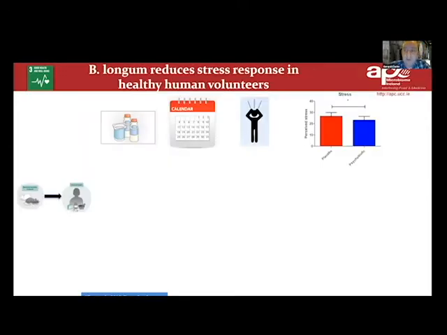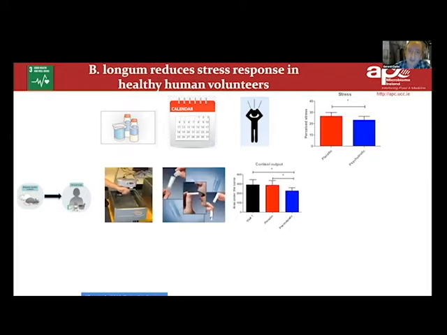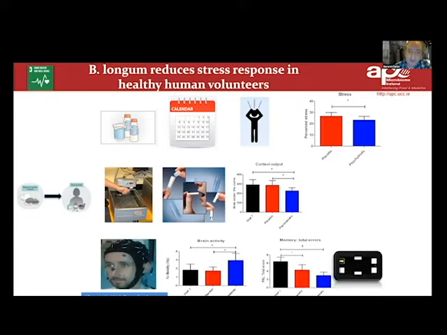So I just want to give you some examples where these translational attempts have been made, and this is one from our lab where we looked at this B. longum 1714 strain, which we screened preclinically, and it came up as a strain with potential benefits for stress and cognition. So when we administered this in healthy human subjects, we were able to replicate many of the observations that we've seen in our preclinical studies, including the blunting of the physiological stress response in terms of reducing cortisol output, and also in terms of having an impact on brain activity and improving aspects of cognitive performance.